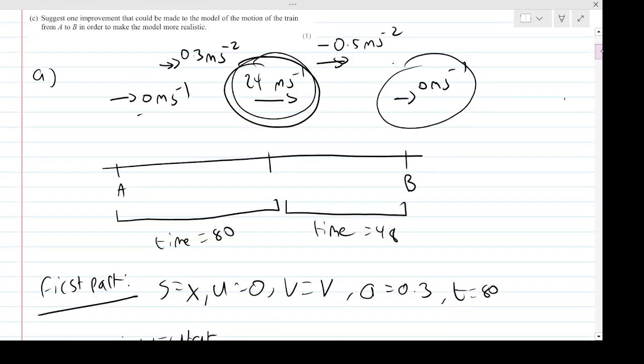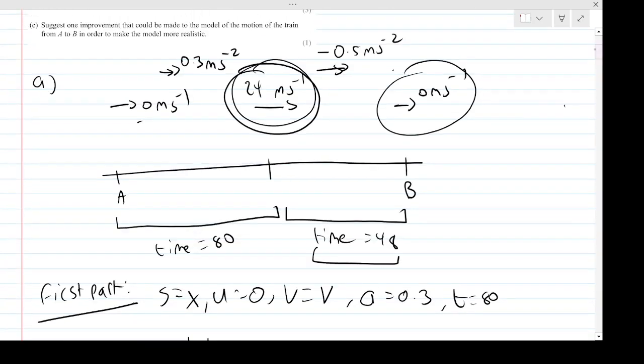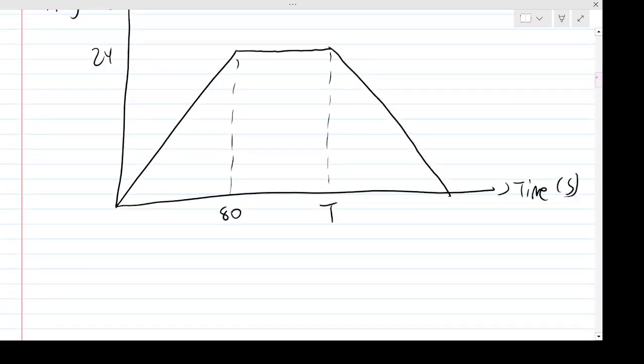I know the time it takes to decelerate is 48, so this width here is 48. That's really all I can add. There we are, that's my graph.